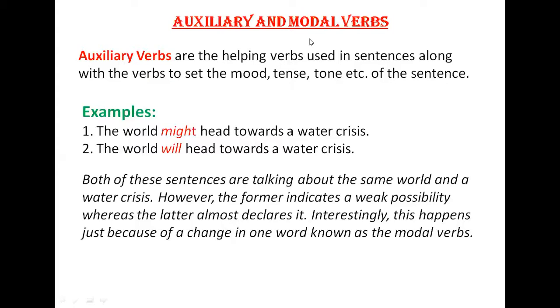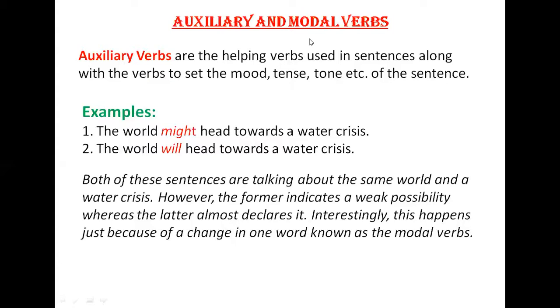The former, meaning in sentence 1, indicates a weak possibility, meaning less possibility, whereas the latter almost declares it. The word might describes that there is less possibility of the world heading towards a water crisis. But in the second sentence, you will see that the speaker is sure that the world will head towards the water crisis.